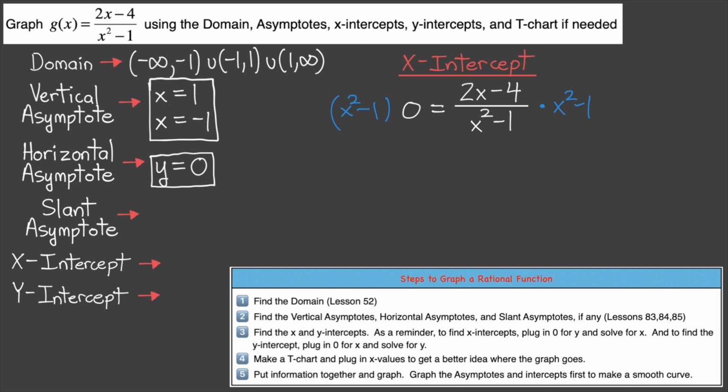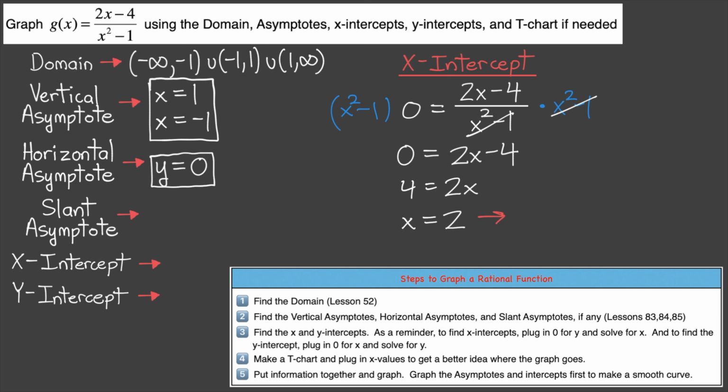On the left side, we have 0 times this, which is just 0. And on the right side, we have x squared minus 1 canceling with our x squared minus 1. So we're left with 2x minus 4. All right, so now we need to solve for x. We move the 4 over. So we add 4 to both sides, and then we divide by 2, so x equals 2.